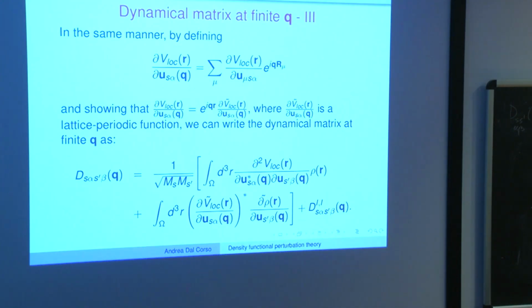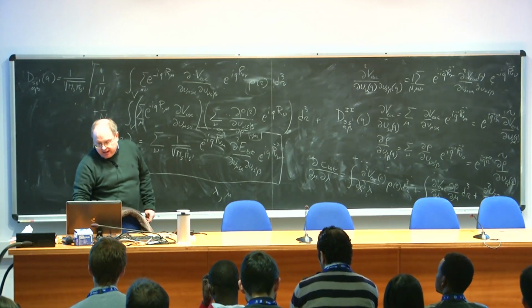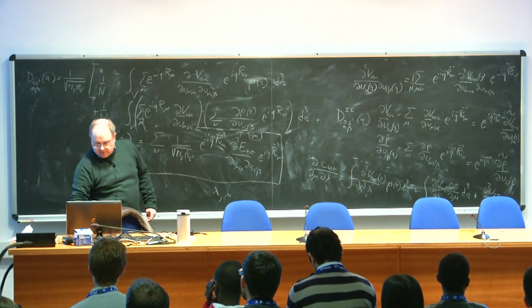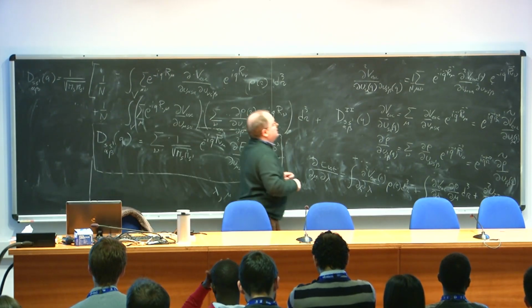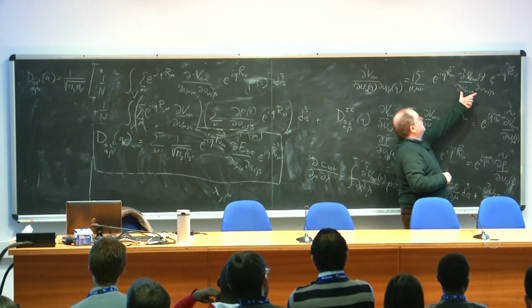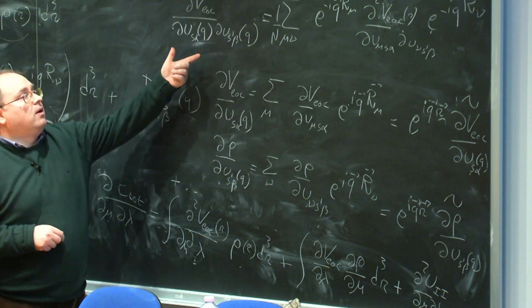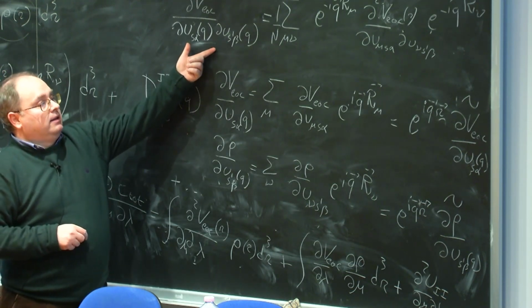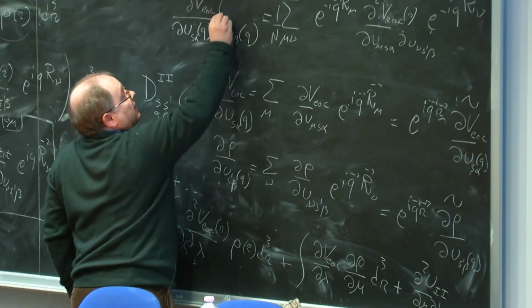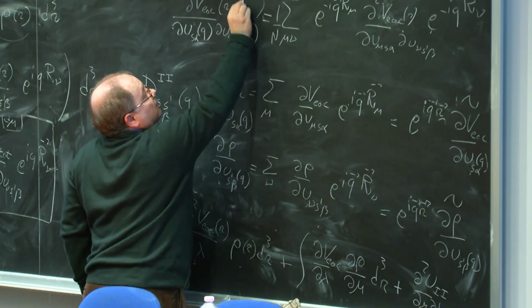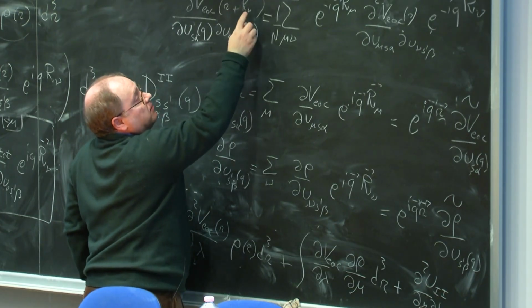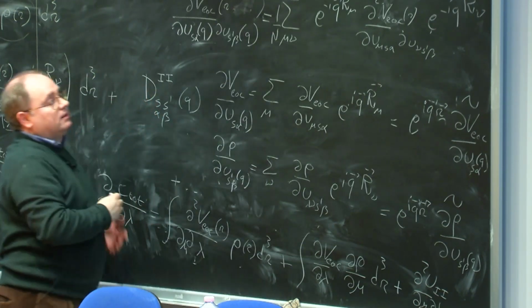So let me demonstrate this in one case, then the others are very similar. Let's start by demonstrating that this object is a periodic function of the Bravais lattice vector, meaning that if here I add an R mu, I obtain the same quantity.